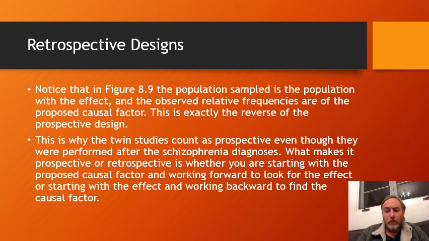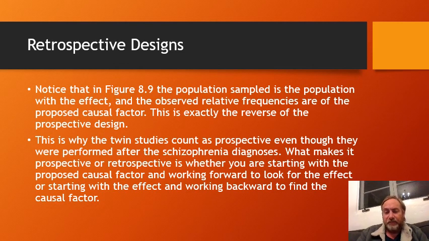So when we look in a moment at figure 8.9, this hopefully should clarify the difference between a retrospective design and a prospective. In a retrospective design, the population you're sampling is the population with the effect, right? And then you're looking backwards to see, right, the observed relative frequencies of the proposed causal factor in that population.